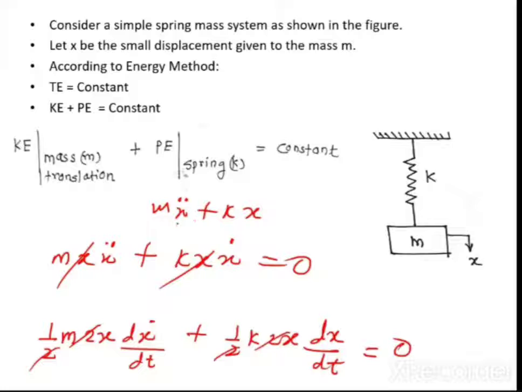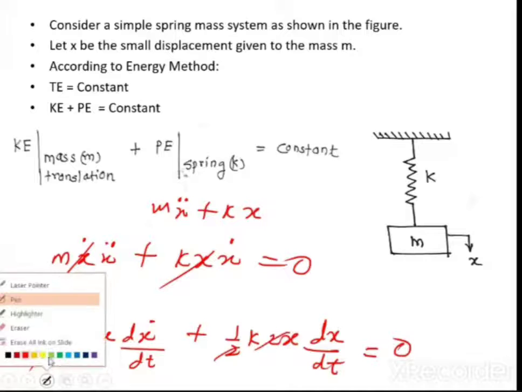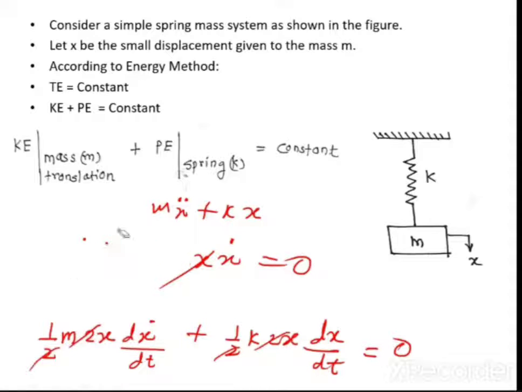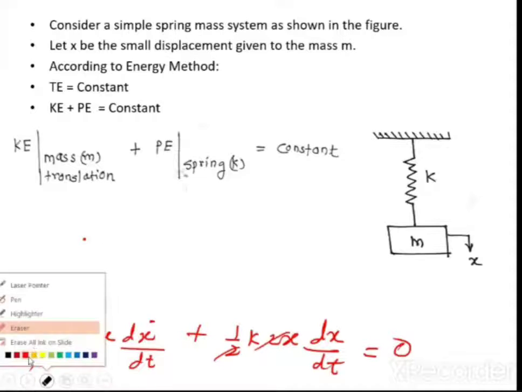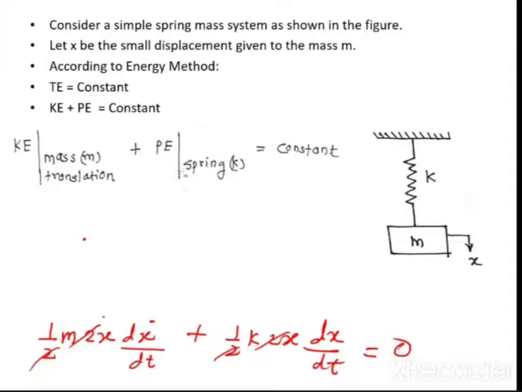Am I correct? Sorry, this is basically x dot, no? Actually, x dot will get cancelled. Don't get confused here. Okay. Basically, what will remain? Sorry, this is 2x dot because it is x dot squared.